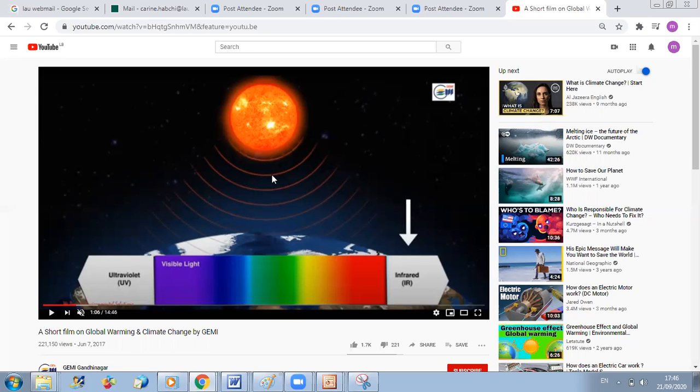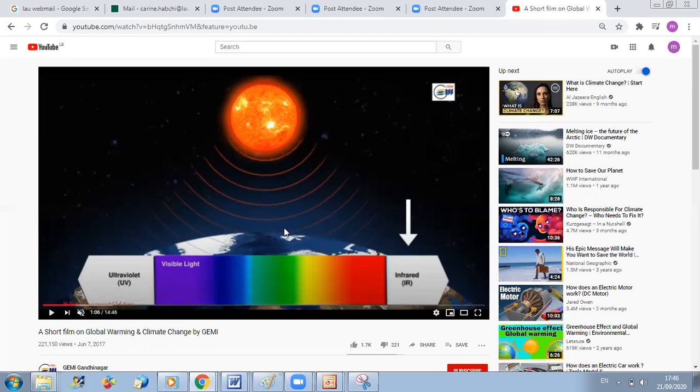We have that waves between 100 nanometers and 400 nanometers correspond to ultraviolet, and we have the visible light waves between 400 nanometers and 700 nanometers, and finally for waves between 700 nanometers and 1 millimeter, we have the infrared radiation.